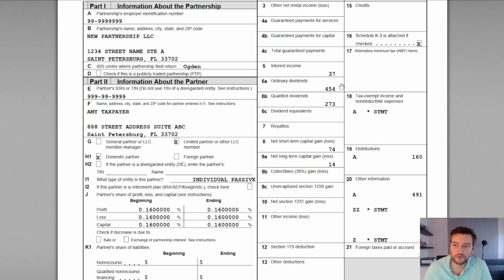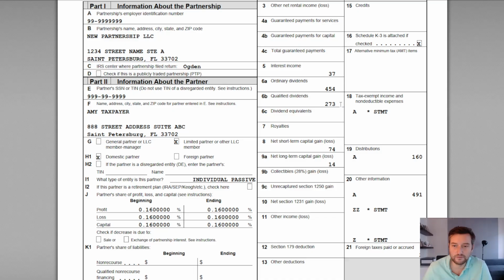So 454 is the total amount of dividends that's being allocated to Amy. And then 273 is the portion of line 6A that is qualified. All right, so it's not as if you add these two together to get the total allocation. 273 is the portion of 454, which is qualified, and then the difference between those two is the non-qualified portion.